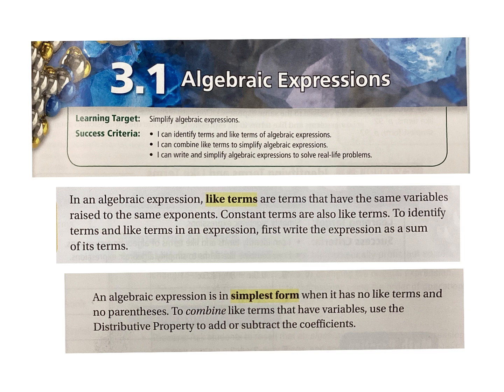Now you also have something called constant terms. They're also like terms. And to identify terms and like terms in an expression, you need to first write the expression as a sum of its terms. So you got to be able to decide what are the terms and make sure they're all added together.